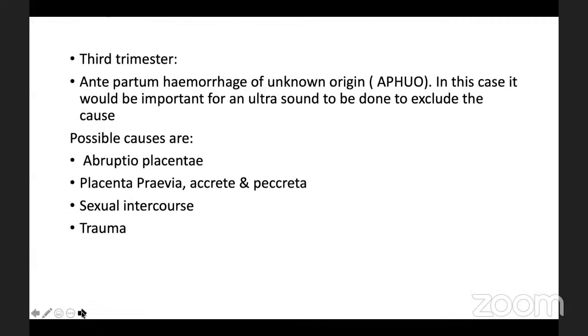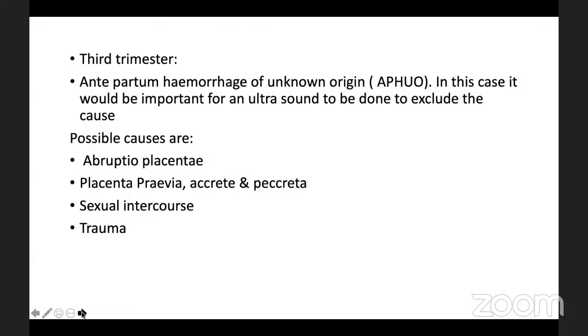Then in the third trimester, these are viable pregnancies now, where the terminology changes and we call it antepartum hemorrhage. So you can have antepartum hemorrhage of unknown origin, where you're going to then do an ultrasound to look at placental location and exclude the cause.